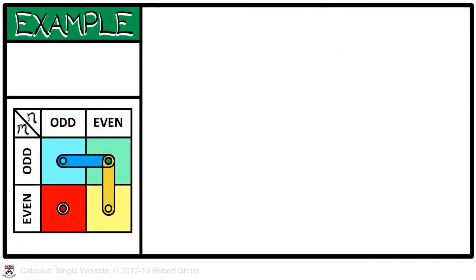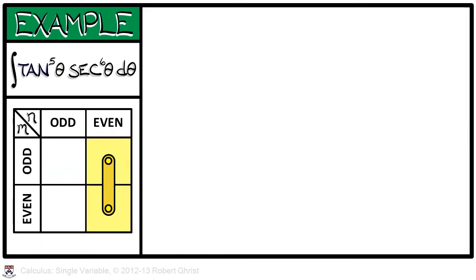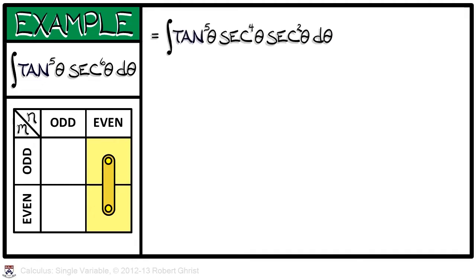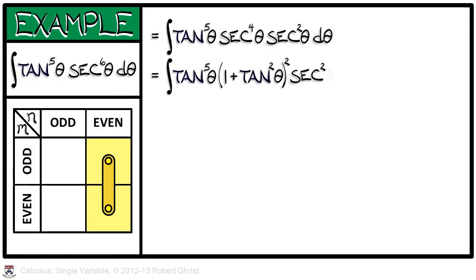Let's consider a specific example, in this case where the power of tangent is 5 and the power of secant is 6. Then, because the power of secant is even, one way to solve this integral is to split off a secant squared and replace the remaining even powers of secant with quantity 1 plus tangent squared.